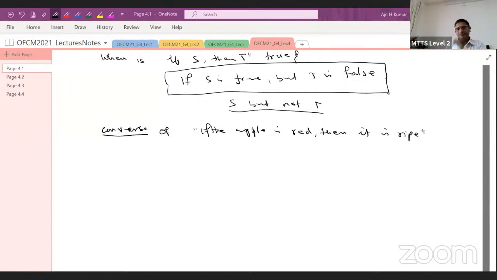Should not take that long. Somebody from group 3? Chandrendu. Sir, if the apple is ripe, then it will be red in color.